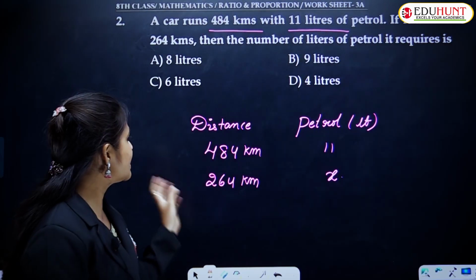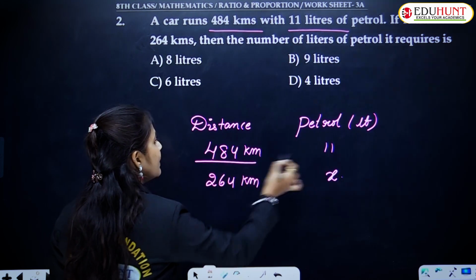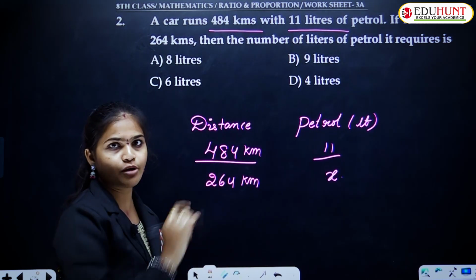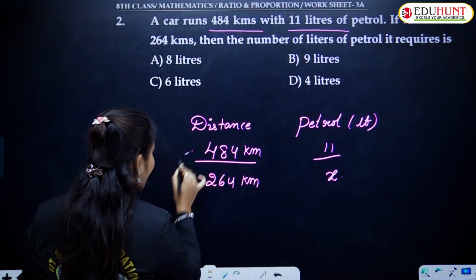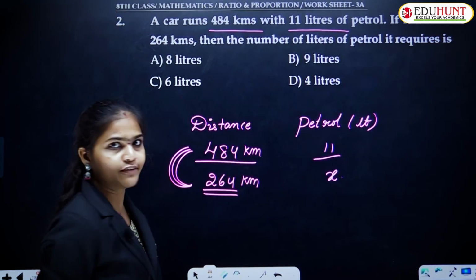Understand? So what is the meaning of this question? Just observe that 484 kilometers uses 11 liters of petrol. Comparing these two distances, 264 is lesser than 484.